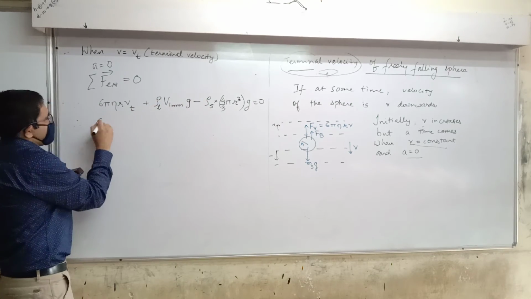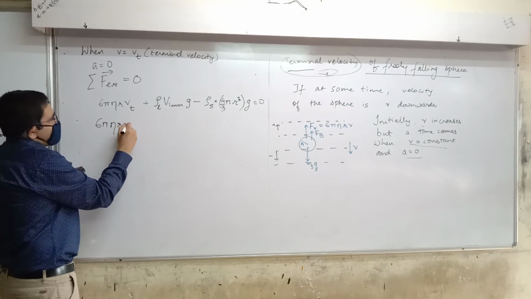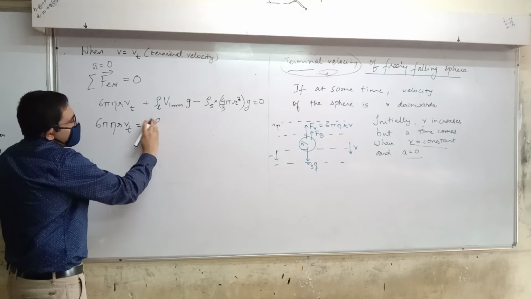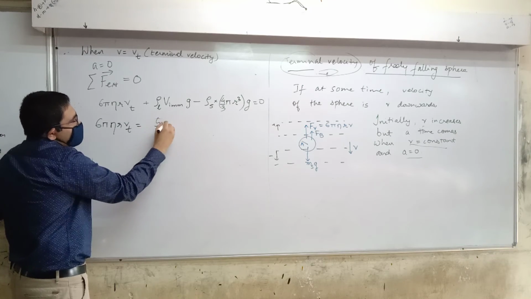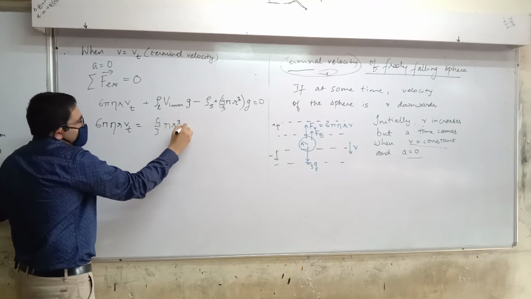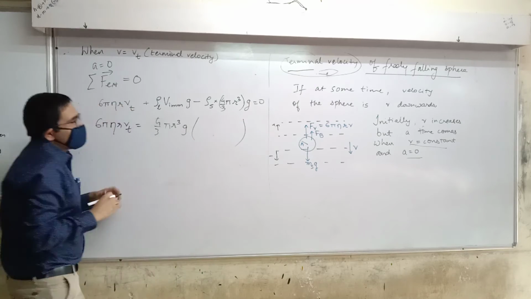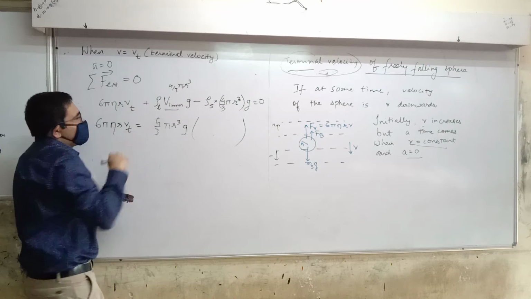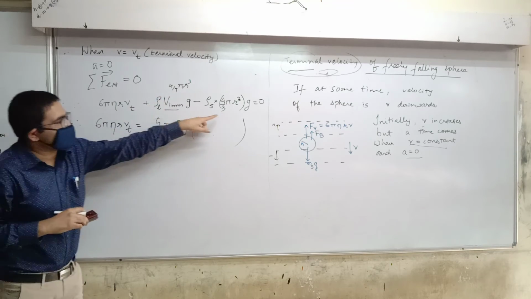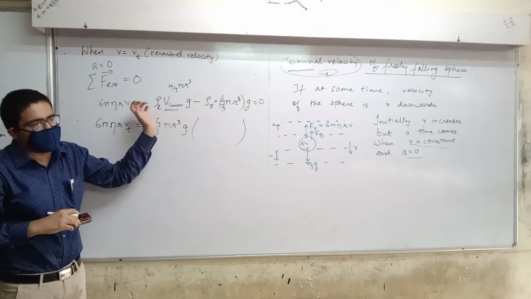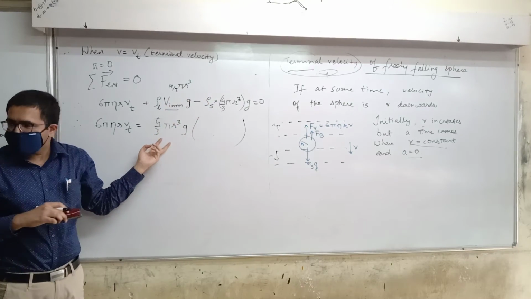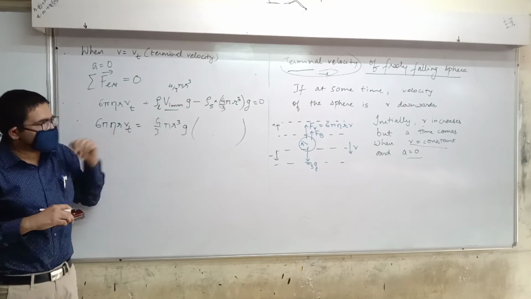So 6 pi eta r vt is equal to, when this term goes on that side, I can take 4/3 pi r cube common, g common. Yes or no? This value is also 4/3 pi r cube. So when I take these terms on that side, I can take common. What's remaining behind?